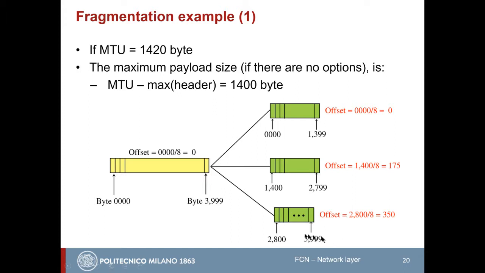The third one starts from byte 2800, so the offset value is 2800 divided by 8, which is 350. And here you can see also the 3 payloads labeled with the number of the first byte and the number of the last byte.